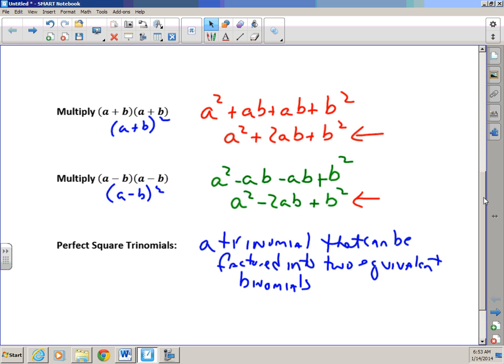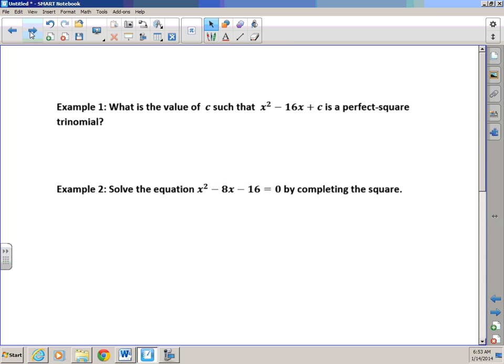So let's talk about, because what we're going to do is use this concept of perfect square trinomials to solve. But before that, let's just make sure we understand how to do this and how to create perfect square trinomials. What is the value, excuse me, of c so that x squared minus 16x plus c is a perfect square trinomial?